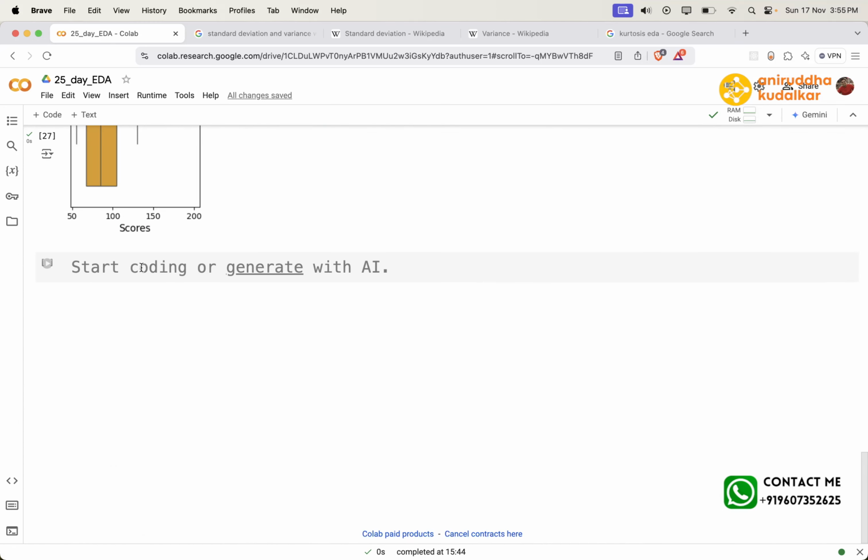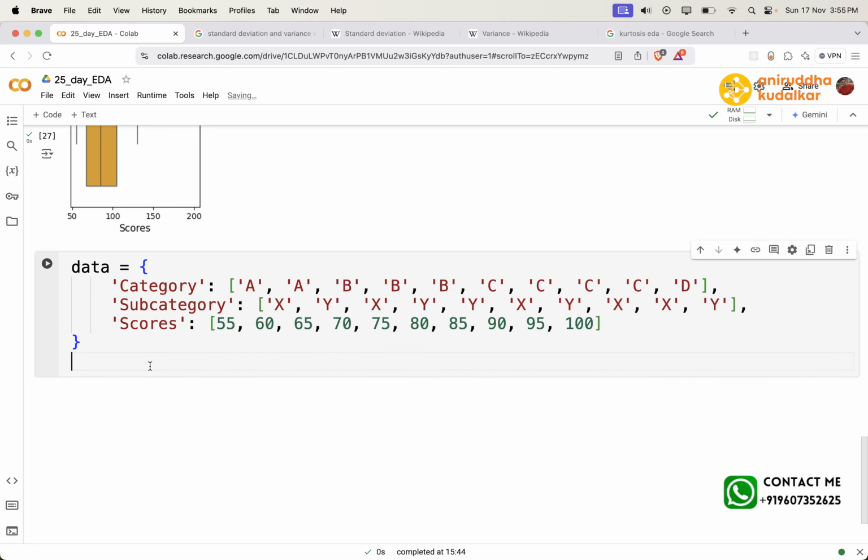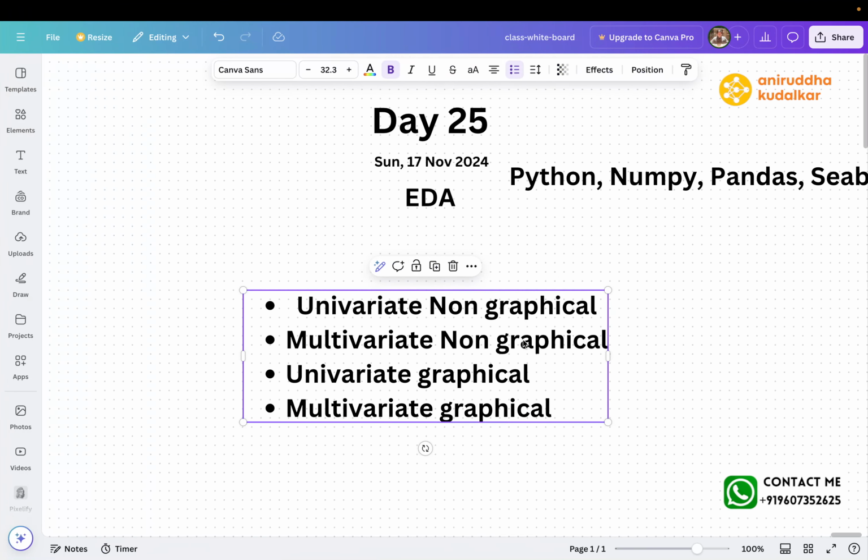Multivariate with the categorical. Now, what do you mean by multivariate? So, here this data would be having multiple things: category, subcategory, scores. Multivariate non-graphical.